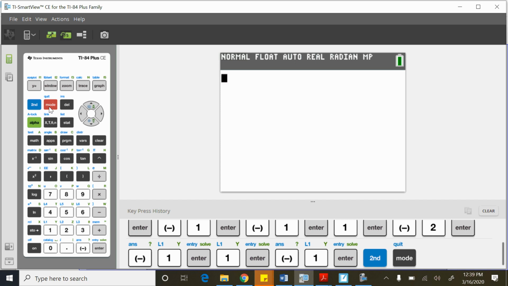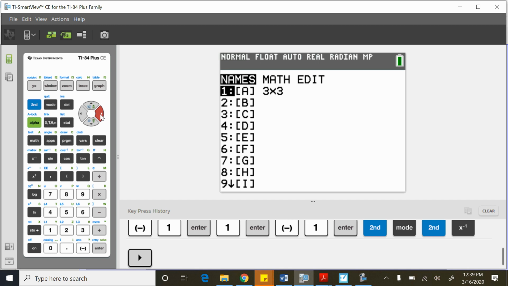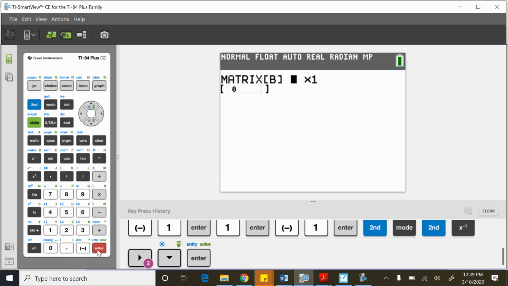We need to now put the other matrix in here as well. So you go back into the matrix, but now when you go to the edit, you don't want to put it back into the A spot, because you already have that matrix in there. We want to go down to the next spot, and you can plug it into the B spot. Now we need this matrix also to be a 3 by 3 matrix.